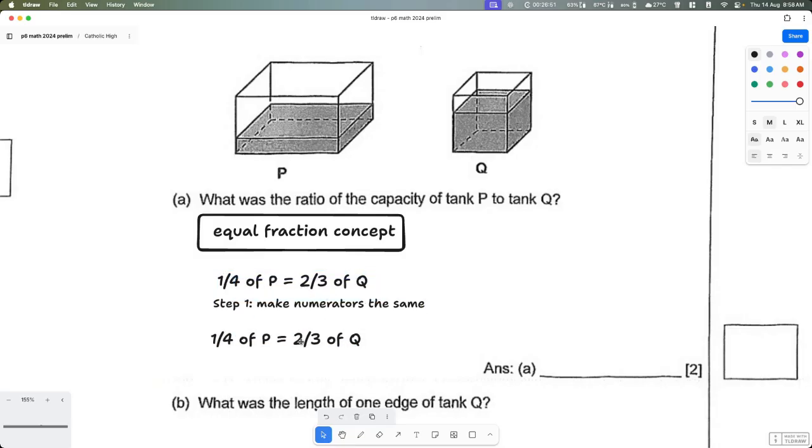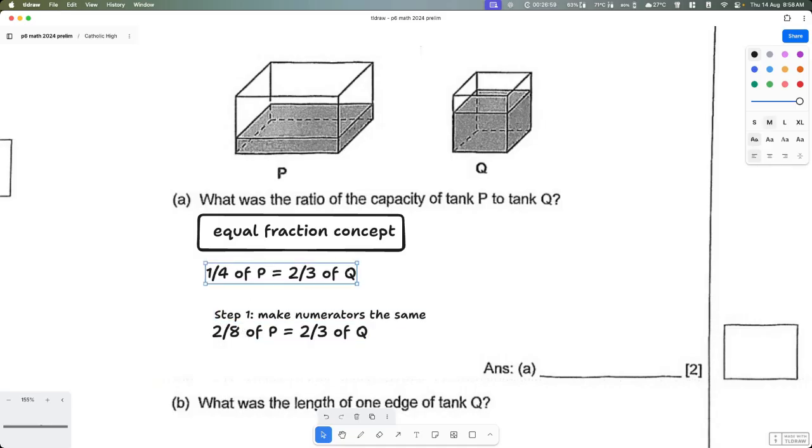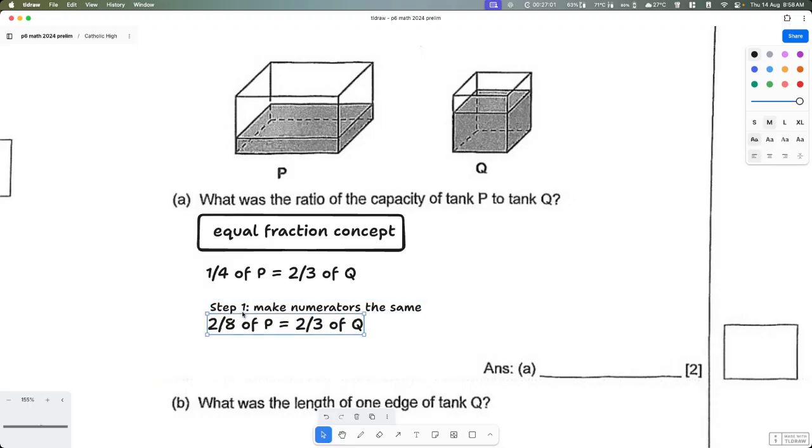So 2 out of 8 of P is equal to 2 out of 3 of Q. Step two, convert denominators to total units.